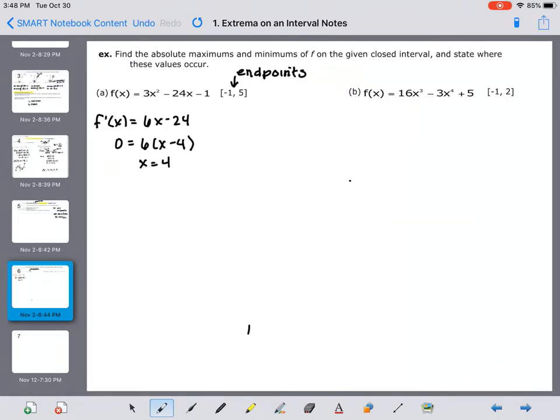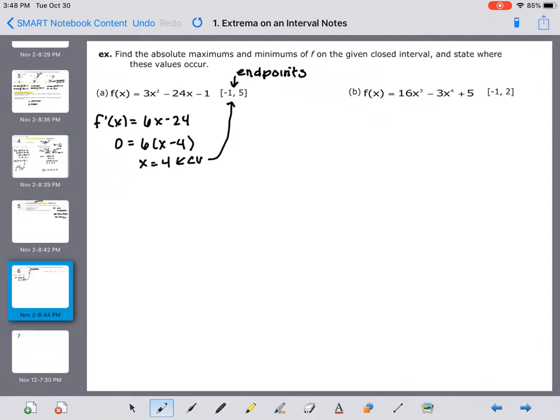Now the question I want to ask at this point is, in fact, does that critical value fall in the interval we're looking at? If the answer is yes, then it's a candidate. If the answer is no, we would just ignore it and just use our endpoints.